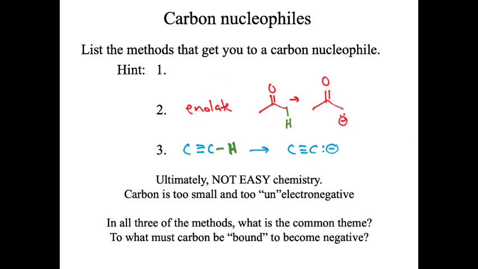So we're again removing a hydrogen. Is that easy to do? No, in fact, it's harder than the enolate. The pKa for acetylene is about 25. The pKa for our enolate is 16. So the enolate is significantly more acidic than the acetylene.